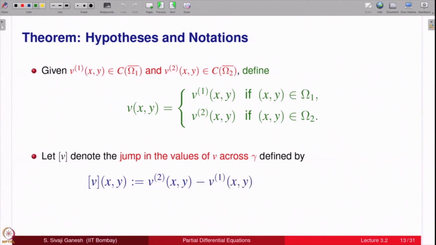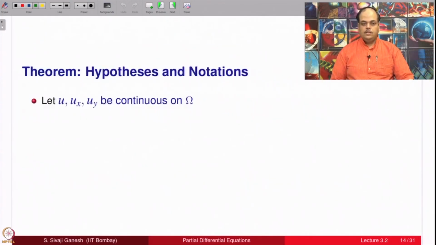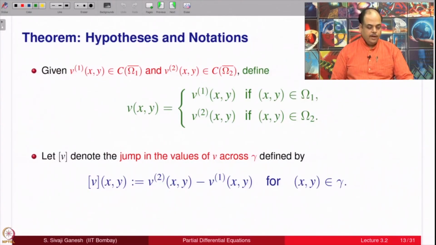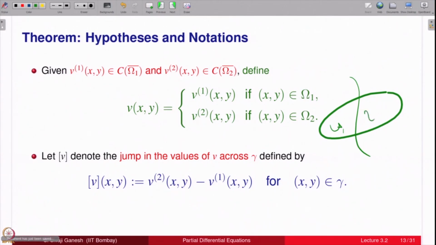You could have even taken V1 minus V2, there is no problem, and we are considering V2 minus V1. So, this is called the jump in the function V. That means you have a function V1 defined on omega 1, here you have a function V2, which are continuous so that the values make sense along this curve gamma. Then you look at the jump in V as V2 minus V1 at points of gamma.